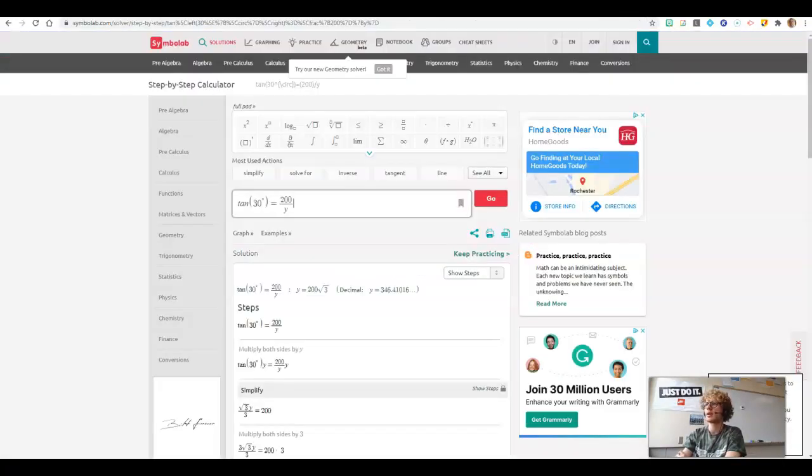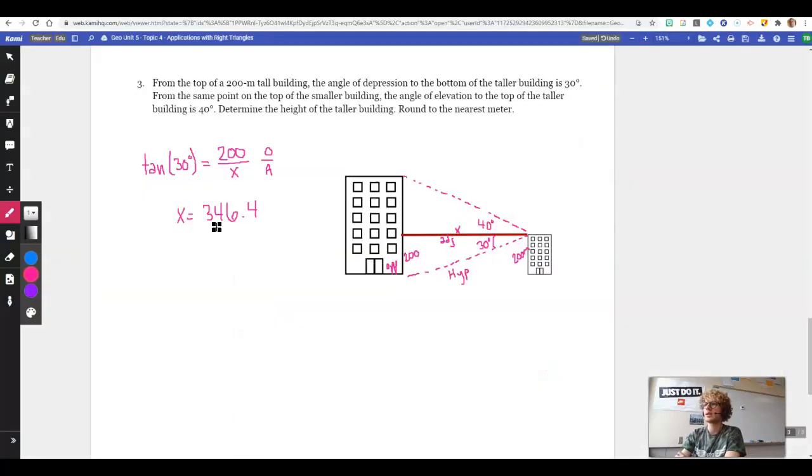Let me make sure I round to the hundredth here. So this distance right here, I'm going to change my color this time, is 346.41. So for this triangle now, we know this side, we know this angle, we need to find this side, and we're going to call that y.